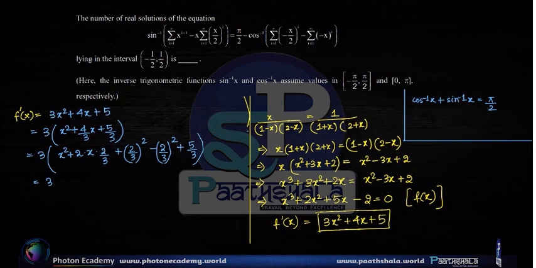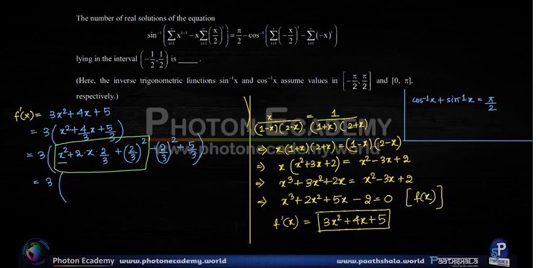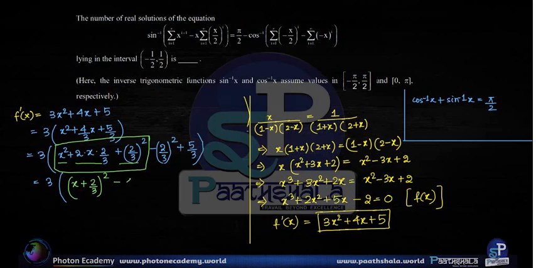This is equal to 3, and we have this term as a square plus 2ab plus b square. This can be written as x plus 2 by 3 whole square, and we have this term which is minus 4 by 9, and we have plus 5 by 3.